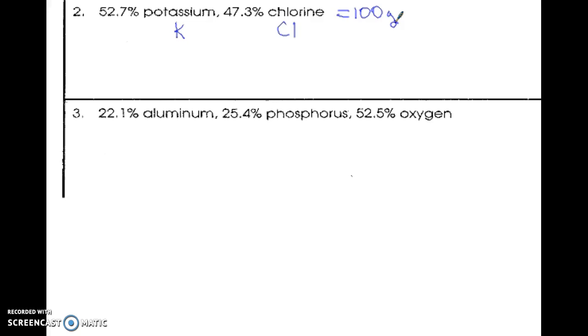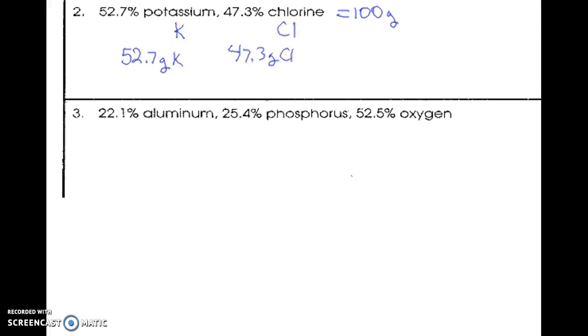So if I have 100 grams and 52.7% is potassium, then it stands to reason that I have 52.7 grams of potassium in that 100 grams. And I have 47.3 grams of chlorine in that 100 grams. I want to do the simplest whole number ratio, which is the mole ratio.